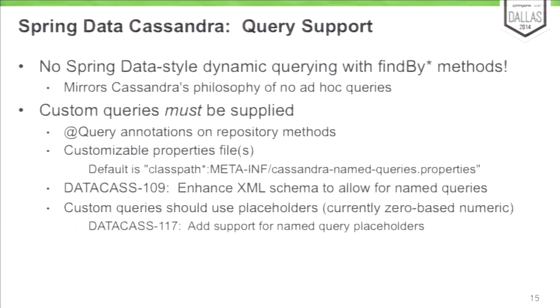Naturally, if you use the query annotation, then your developers are defining the queries, and those would be the defaults. If you define the queries in properties files, now you're starting to be more flexible, saying, hey, developers aren't the ones who are going to be writing these CQL queries. Let's just make sure that we all agree on where the properties files are, and we'll define them there. Okay.